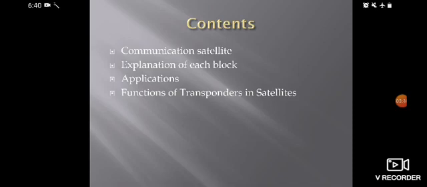Whenever we have a communication system, if we increase the distance coverage area, we have to place a number of repeaters at intervals of about 500 kilometers.